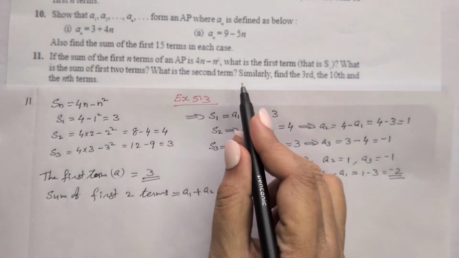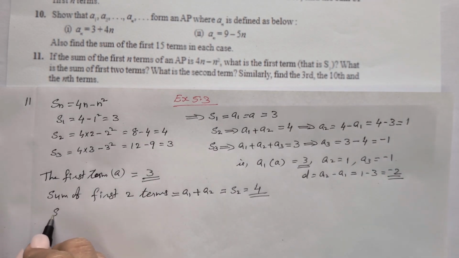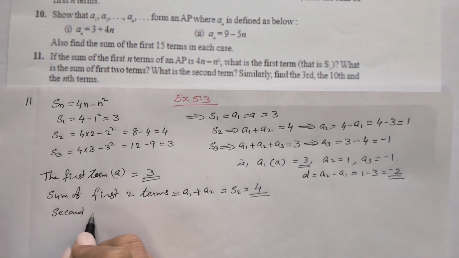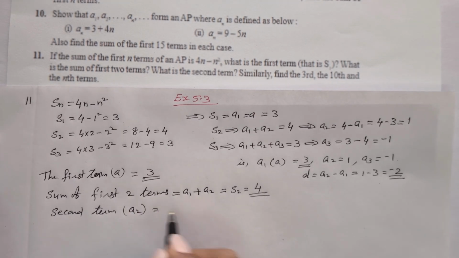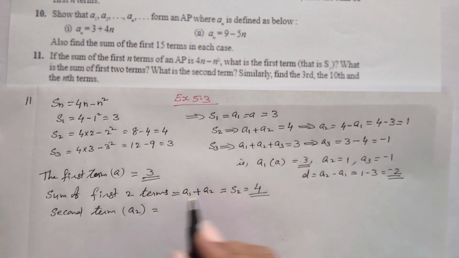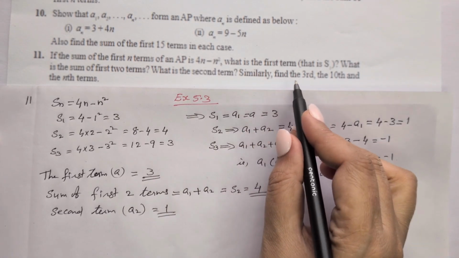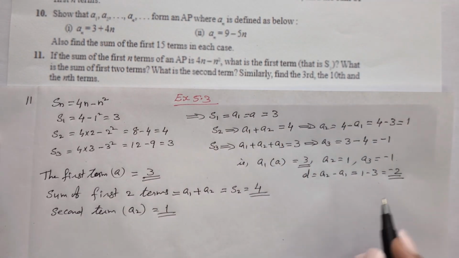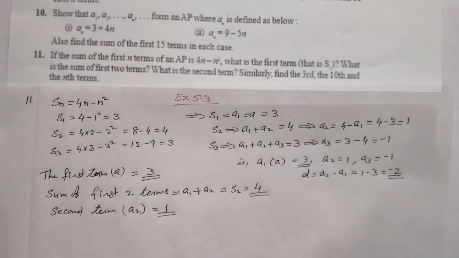Then what is the second term? Second term means A2, which is equal to, already here we got, 1. Then find the third term. Once we got the first term and common difference, then we can find any term.